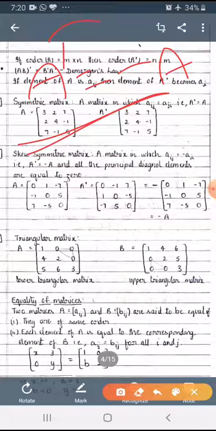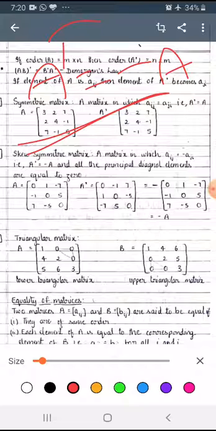See here, one example: A equal to [0 1 -7; -1 0 5; 7 -5 0]. What are we observing in this matrix? Yes. See here, in that matrix the principal diagonal elements are all 0. Now I'm interchanging.